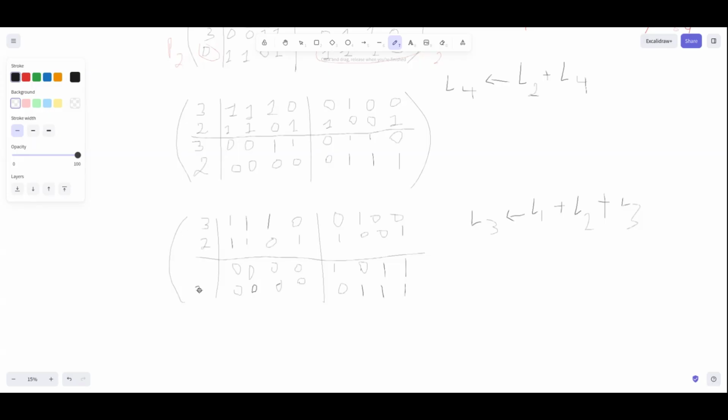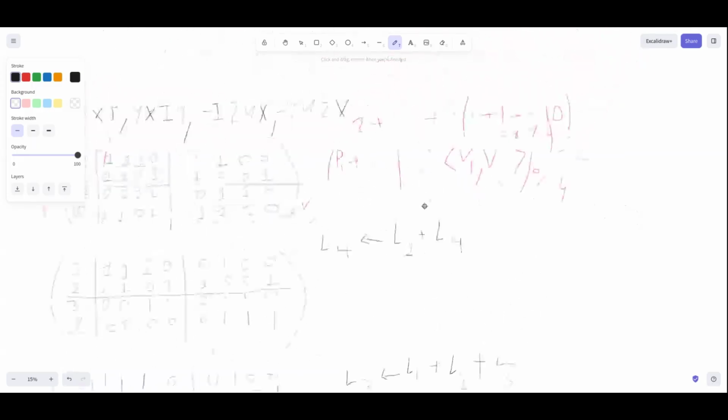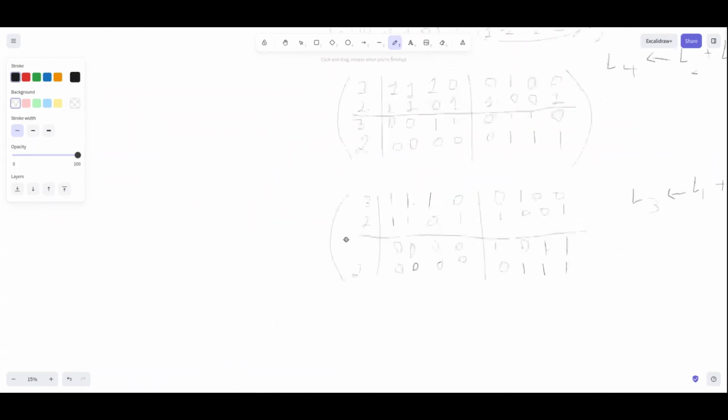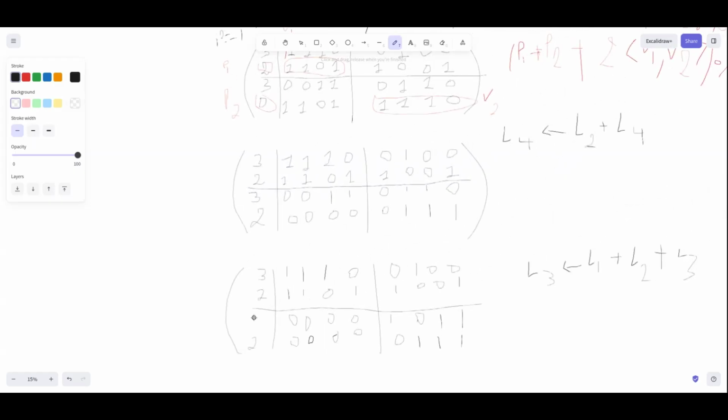Here I have to reapply the trick that it gives you here. So it's just 3 plus 2 plus 3, so it's 8.